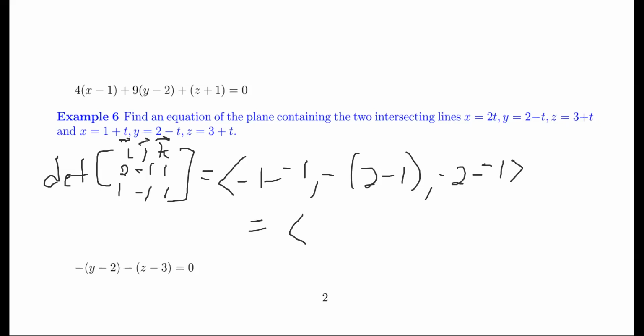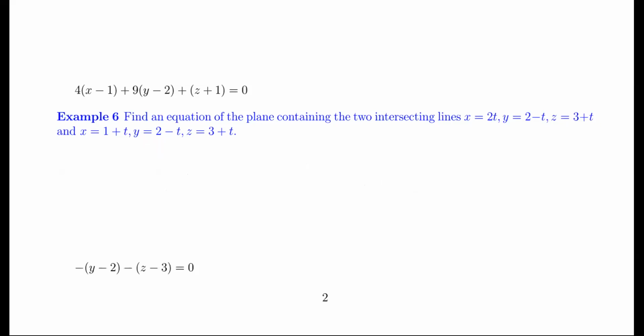Oh, no, it's a 0. Then -1 and -1. All right, so we got the vector 0, -1, -1. Let's rewrite that up here, 0, -1, -1. And that is our vector normal to the plane.